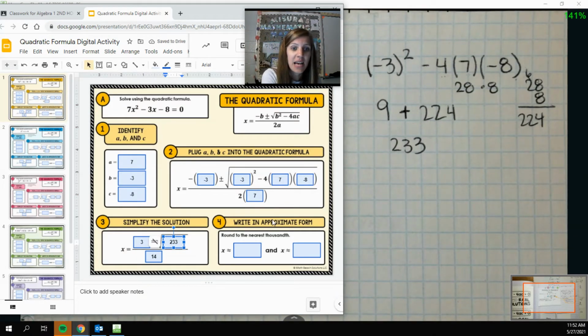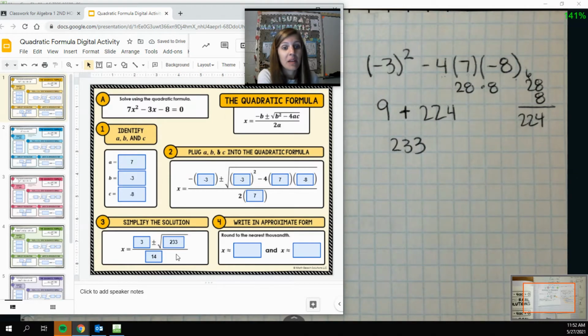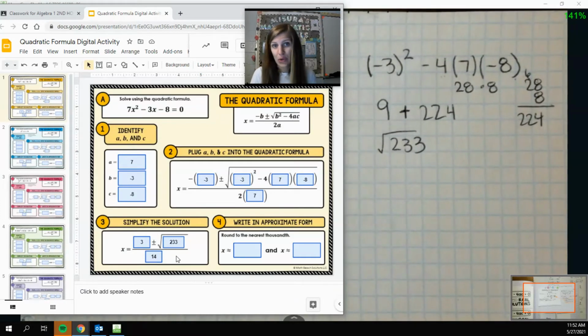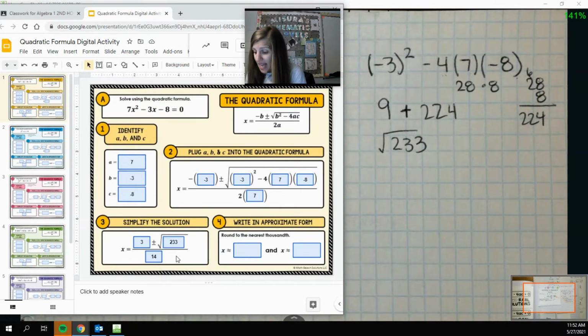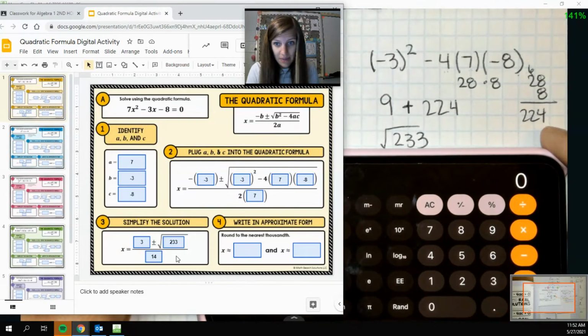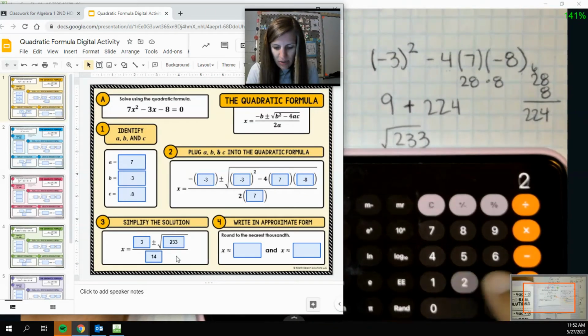Now the thing is though, next what I tried to do is take the square root of 233, which I cannot do. The best I can get is 15 times 15, which is 225. But when I go to 16, that's too much. So I do have to use my calculator here to take the square root of this.